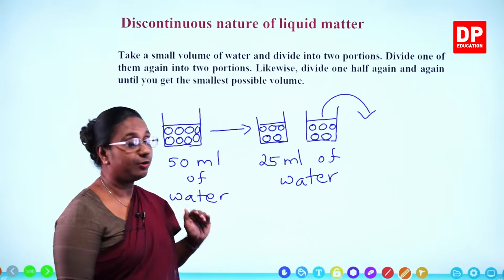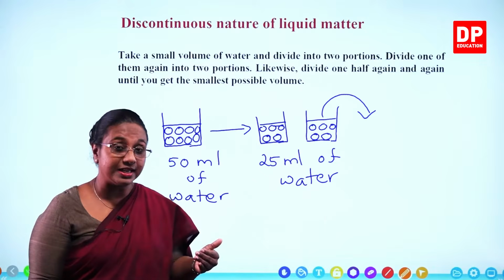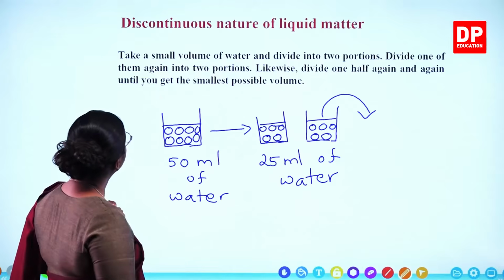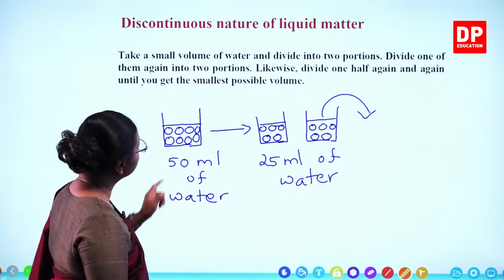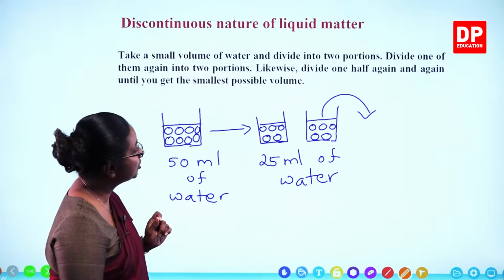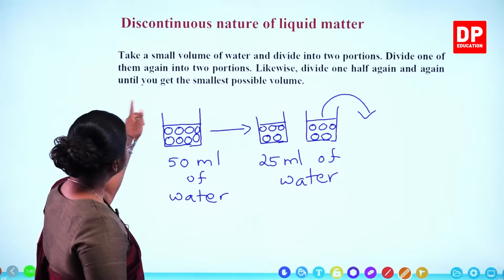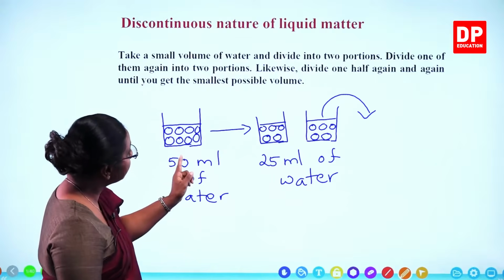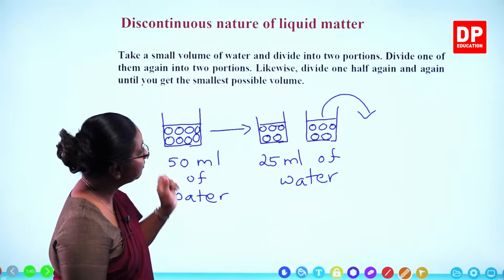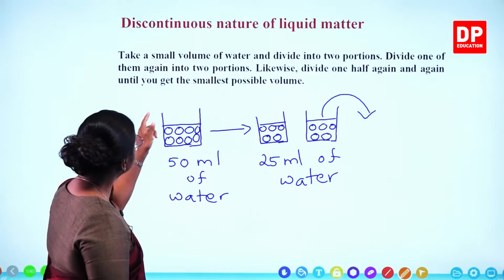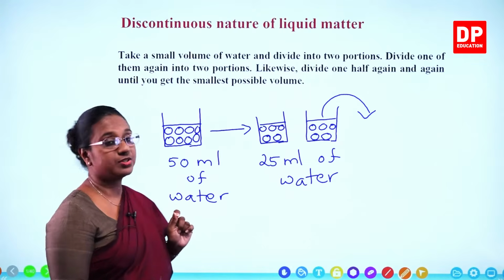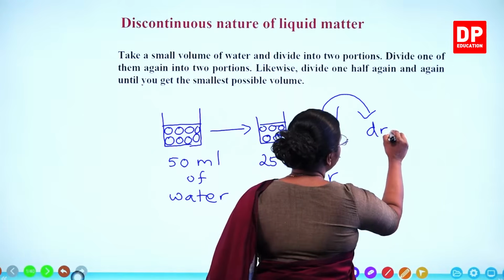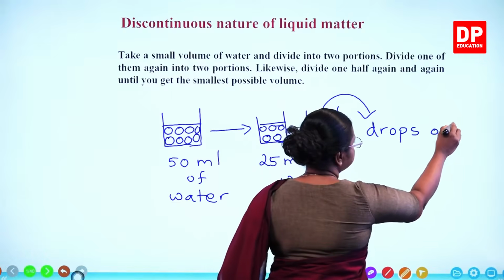And water is a liquid that is also made up of particles with spaces among them. So if we take a small volume of water and divide it into two portions, divide one of them again into two portions, that's what I showed you all here. Likewise, divide one half again and again until you get the smallest possible volume. So smallest possible volume, I told you all, drops of water.